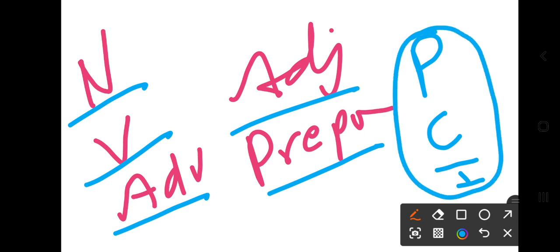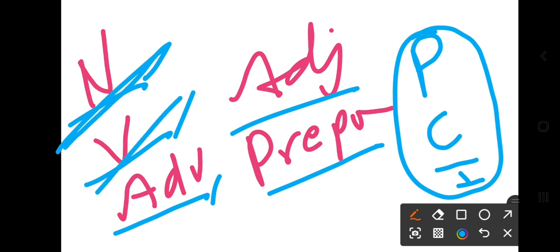So what phrases are there? Phrases mean two words or more than two words, right? Which act like a noun, or like a verb, or like an adjective, adverb, or preposition. In all phrases there is one head word.